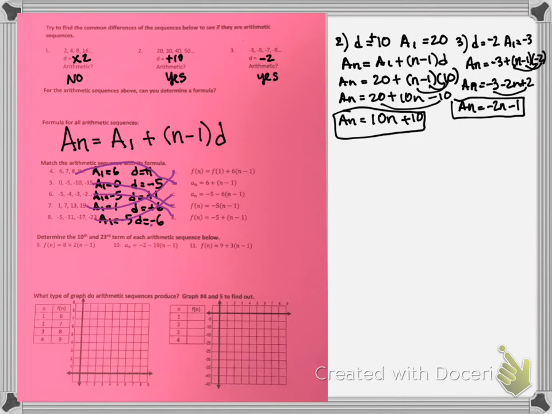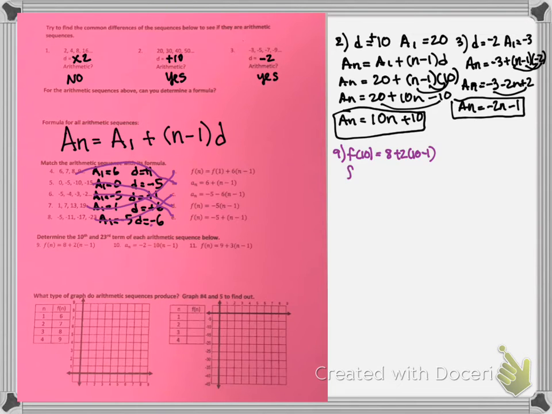Now, they want us to find two terms for each of these, the 10th term and the 23rd term. So this one's going to be a little messy, so I'm going to do this off to the side as well. Let's do number 9 here. We want the 10th term, so we're going to find f at 10 is equal to 8 plus 2 times the quantity 10 minus 1.